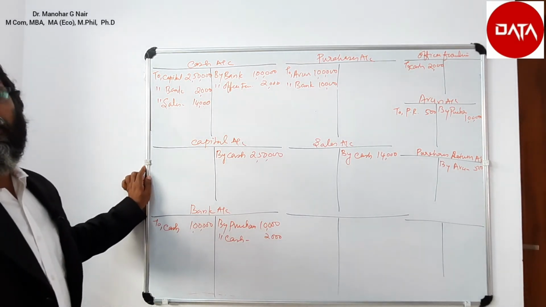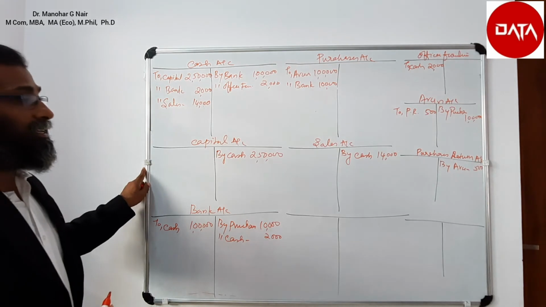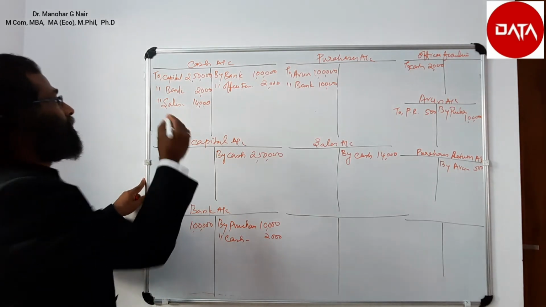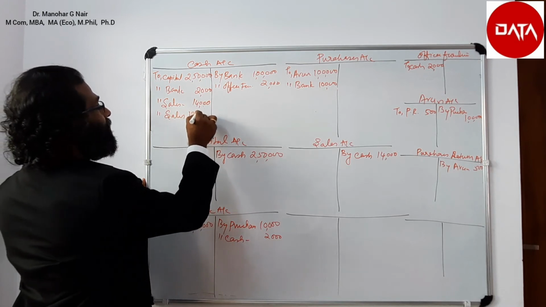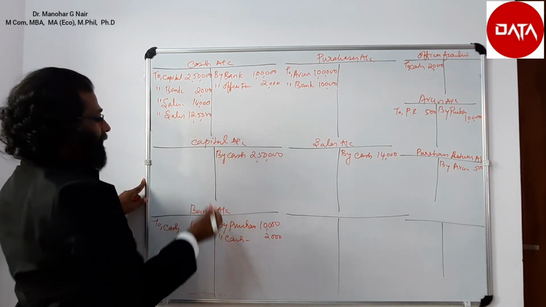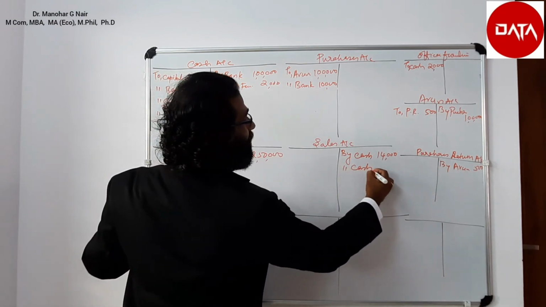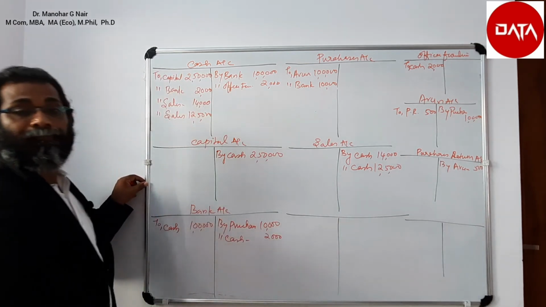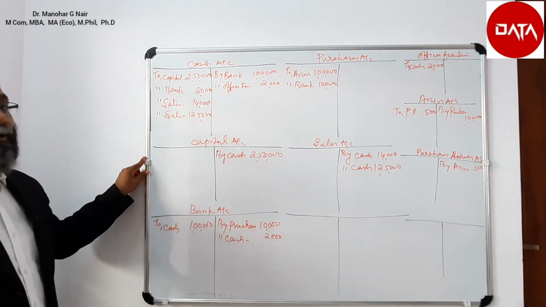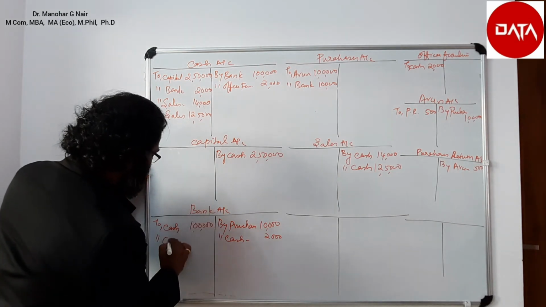Now the next journal entry, cash account debtor to sales account, 1,25,000, because the cheque was received. To sales, 1,25,000. Then in the sales account, by cash, 1,25,000. Now bank account debtor to cash account, 1,25,000.